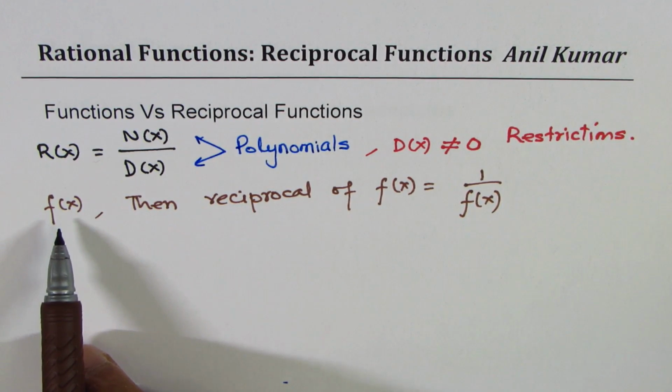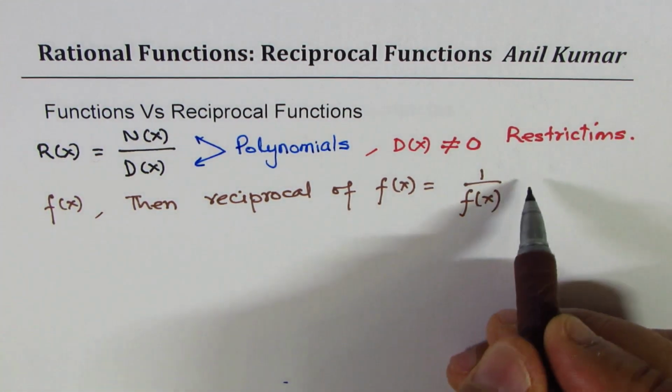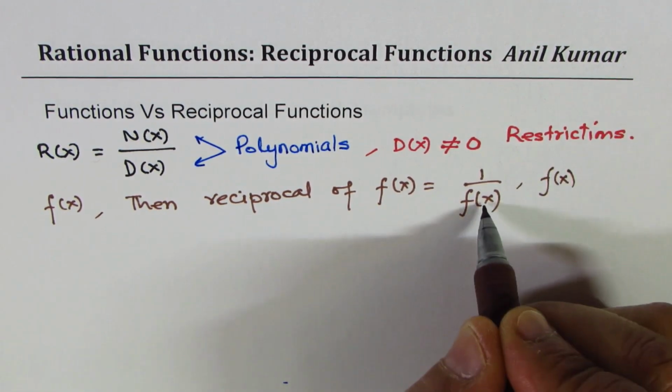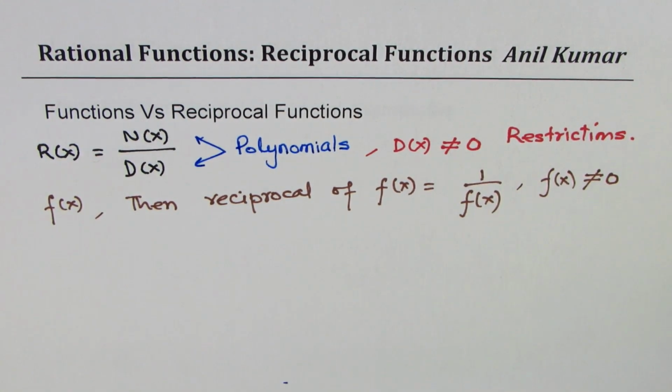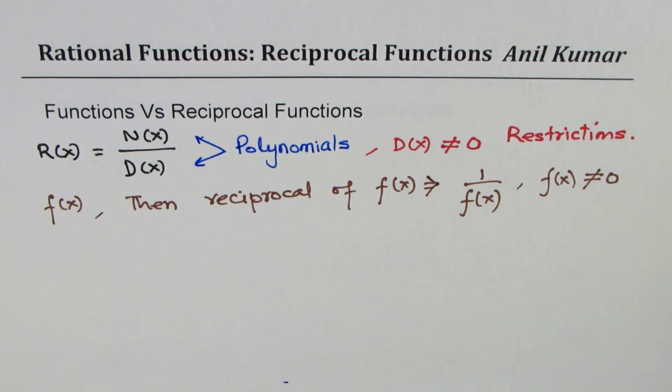Now, if f of x is a polynomial, then f of x has no restriction. However, as soon as you write 1 over f of x, we have to write the condition that f of x is not equal to 0 because it is in the denominator. So the reciprocal of f of x is indeed 1 over f of x.